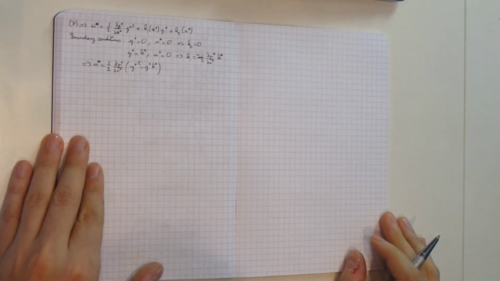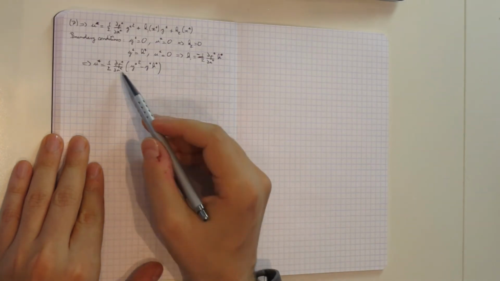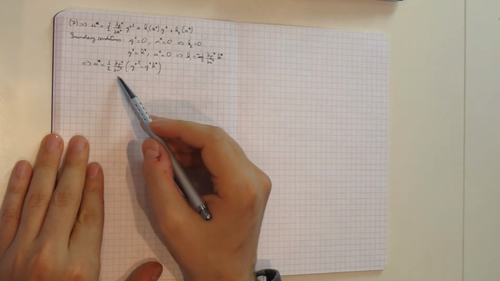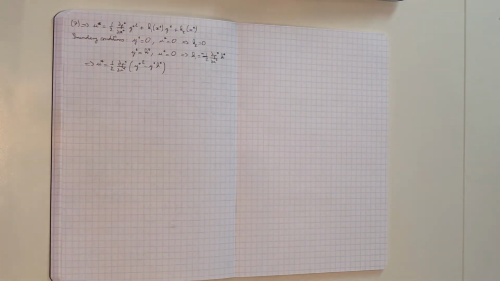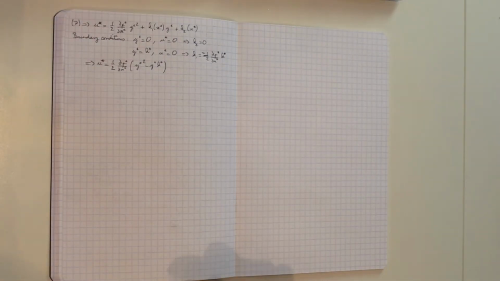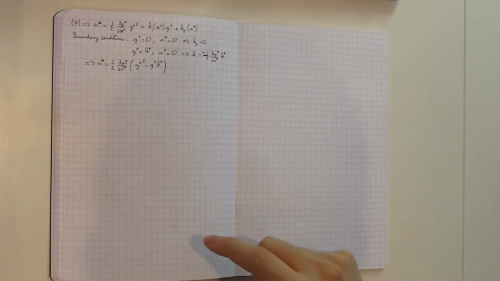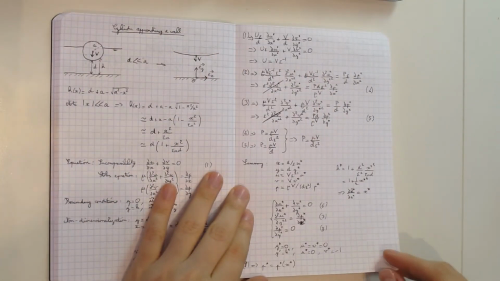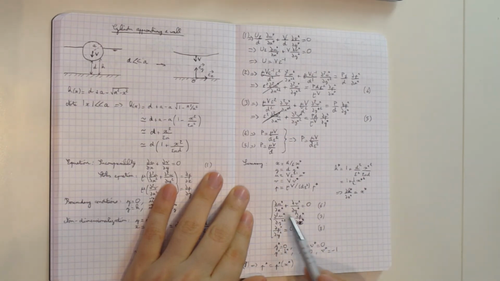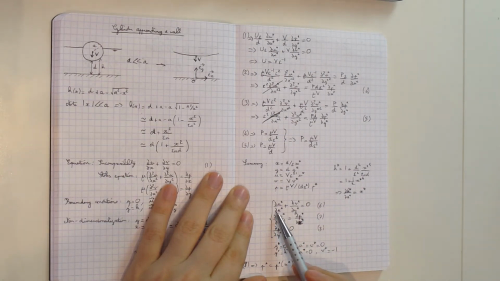And that gives us the velocity of the fluid in the horizontal direction, except that we still have this pressure gradient that is not determined, and we need to solve for it. To solve for the pressure gradient, we have no choice but to look at what information we haven't used, and it turns out the only pieces of information that we haven't used are equation 6 and the boundary conditions for the velocity in the vertical direction.